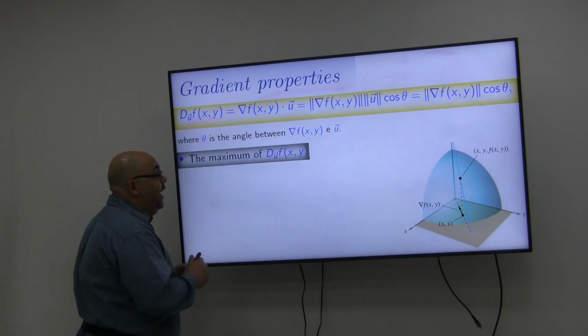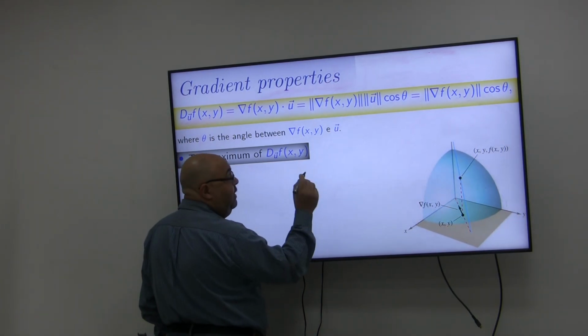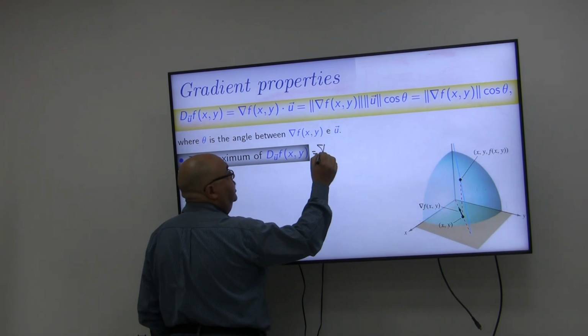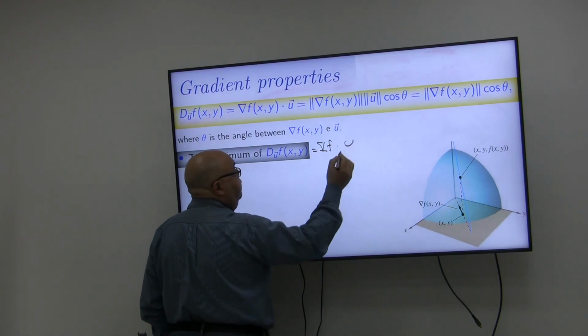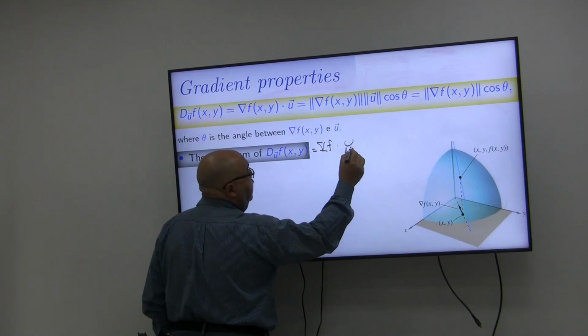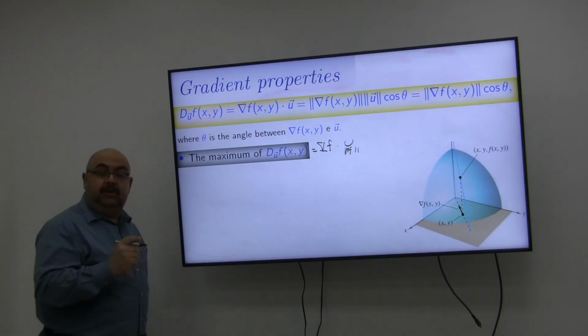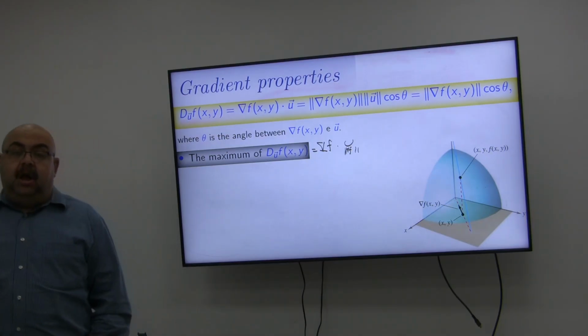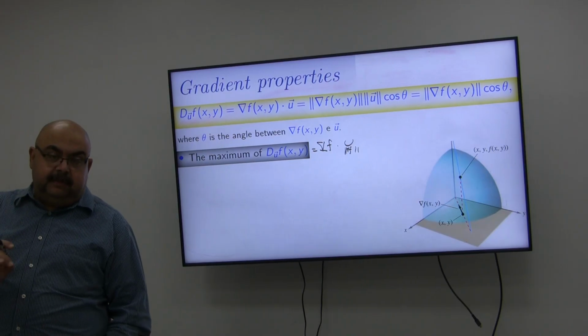So I can find the directional derivative, which in this case is the maximum, equal to the gradient vector of f times the vector that I'm using, which is the gradient vector at this point divided by its norm. So instead of having any vector, I will use the gradient vector as my vector.